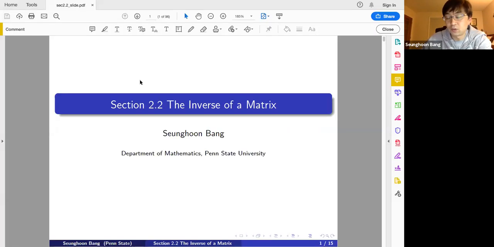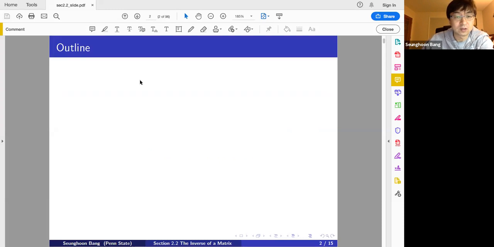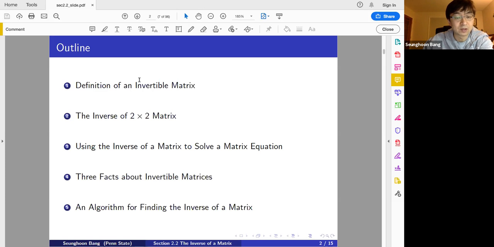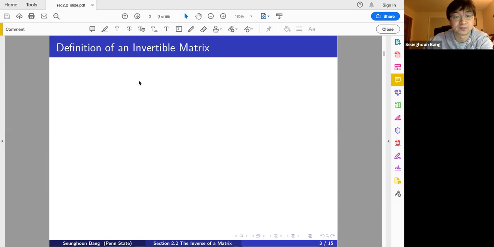This is our outline: the definition of an invertible matrix, the inverse of a 2 by 2 matrix, using the inverse of a matrix to solve a matrix equation, three facts about invertible matrices, and an algorithm for finding the inverse of a matrix. I'm going to talk about these five things today.